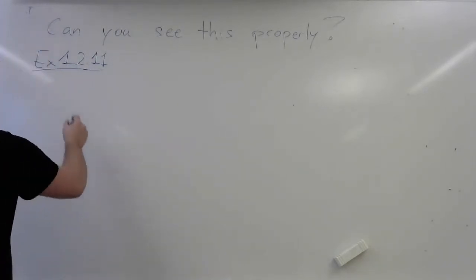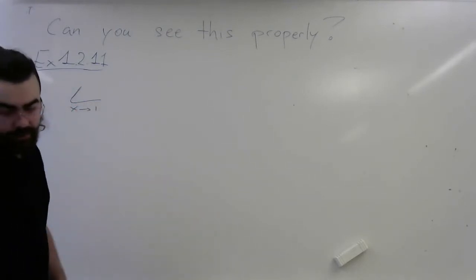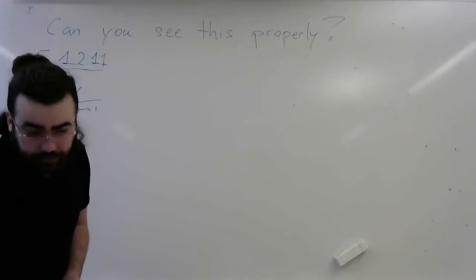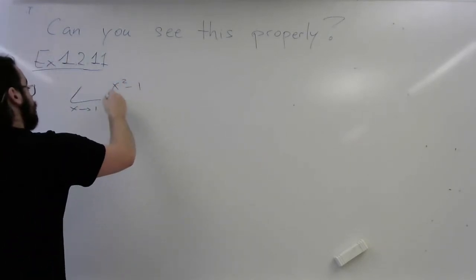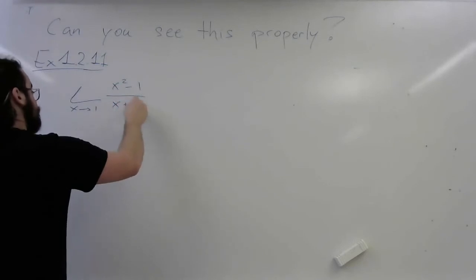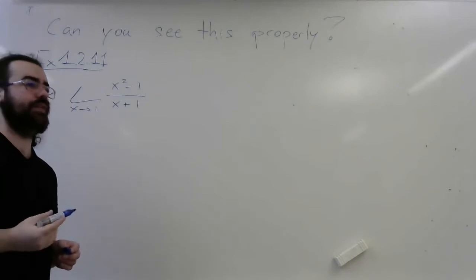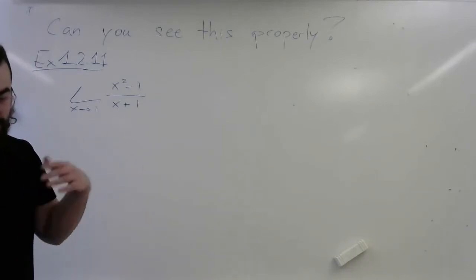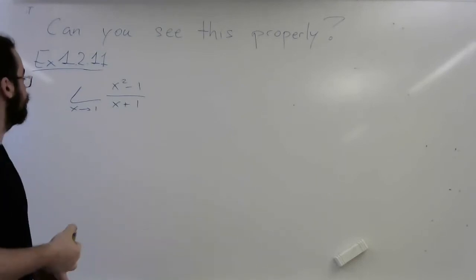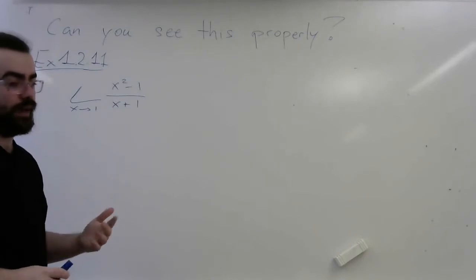Now for number 11, we are asked to evaluate the limit when x tends to 1 of (x squared minus 1) divided by (x plus 1). When we are solving this type of limits that involve elemental functions, especially polynomials, roots, trigonometrics, and that sort of function, the first thing we always have to do is try and evaluate it.